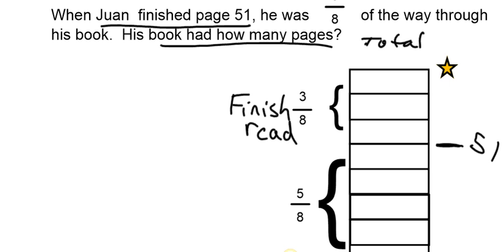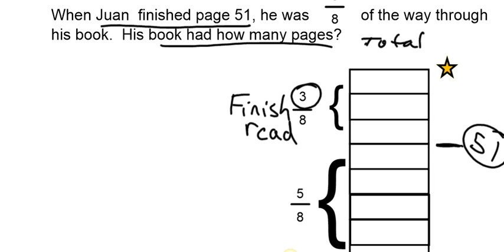So we need to break this into parts. If 51 is the total that you've read so far, and that's 3/8 of the book, how much is 1/8 of the book, or one part of that? We first have to take this 51 and divide it by the fraction that we know.